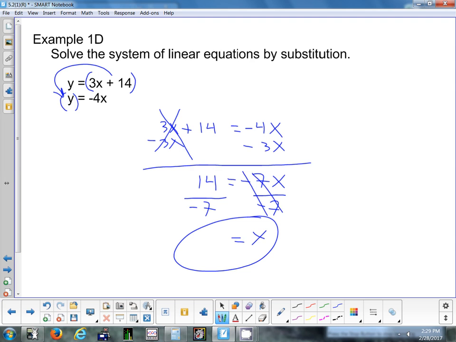That cancels. Negative 2, yeah. Okay, so x is negative 2. Any other questions on that one? So what do I do next? How do I finish this up?